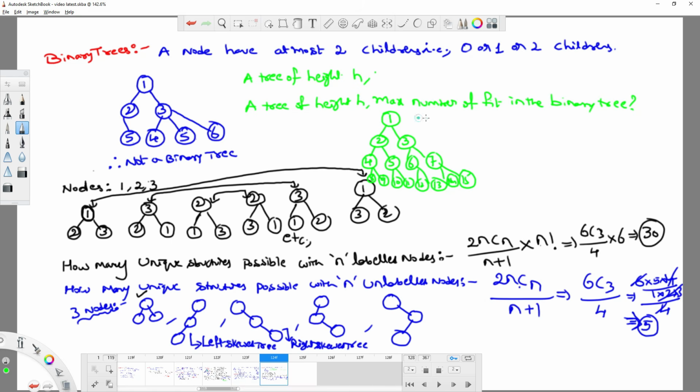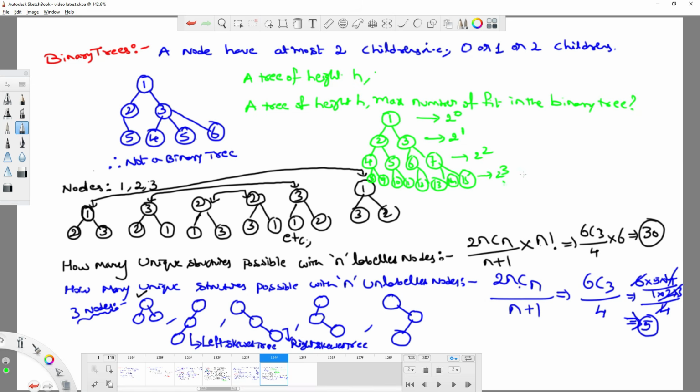If it is a tree of height 0, which will be 2 power 0. If it is a tree of height 1, 2 power 0 plus 2 power 1. At level 1, you have 2 power 1. But if they are asking for a height of 1, how many number of maximum nodes are possible? 2 power 0 earlier level plus current level. Similarly, for this level, we can write 2 square, 2 cube, and so on.